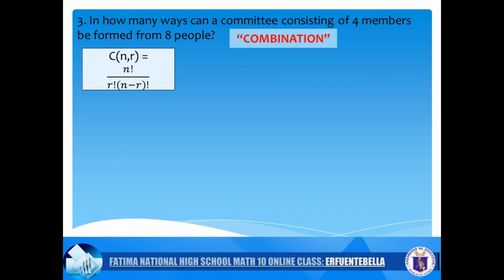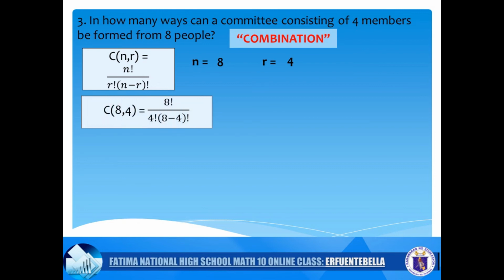What is now n, and what is r? Okay, correct. n is 8 and r is equal to 4. So by substitution, we have now C of 8 and 4 is equal to 8 factorial over 4 factorial times the difference of 8 minus 4 quantity factorial.